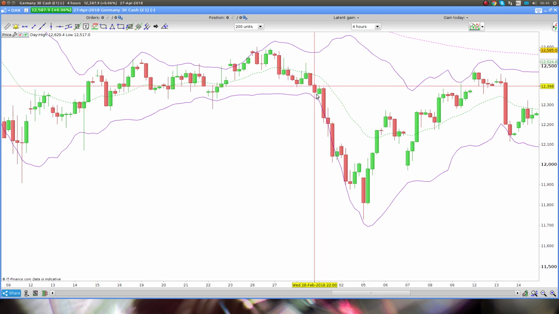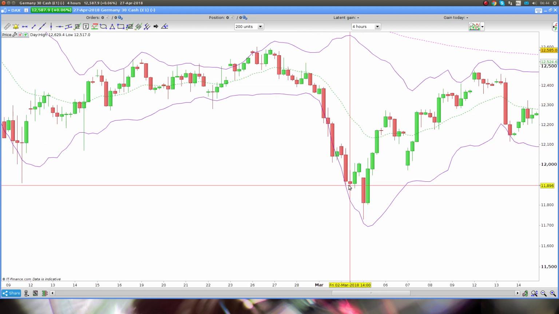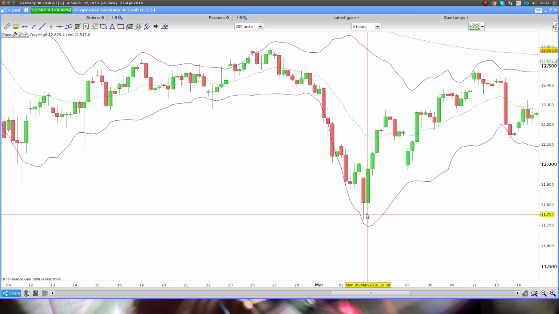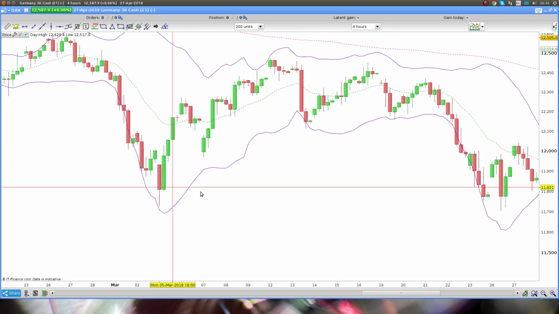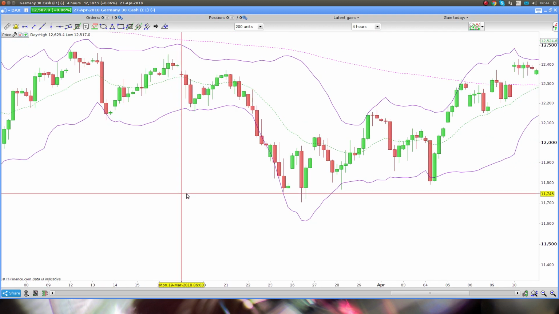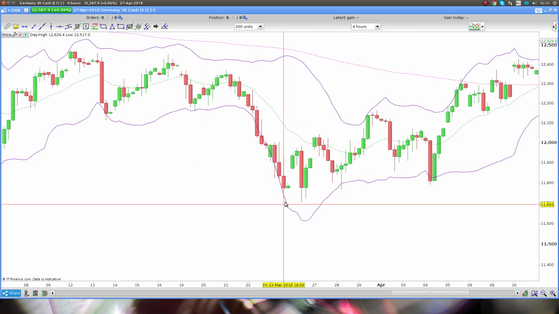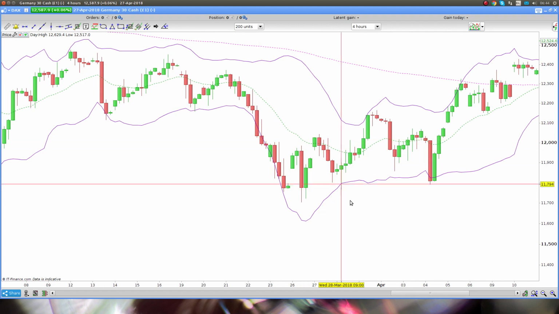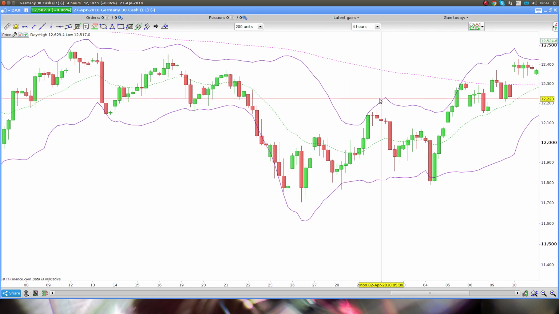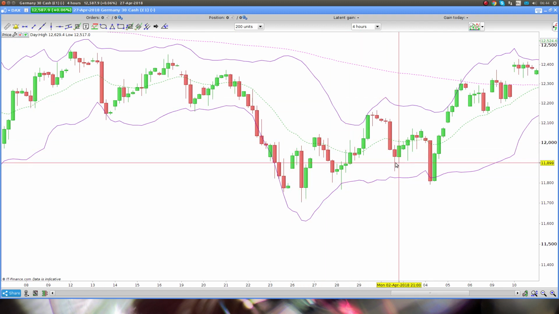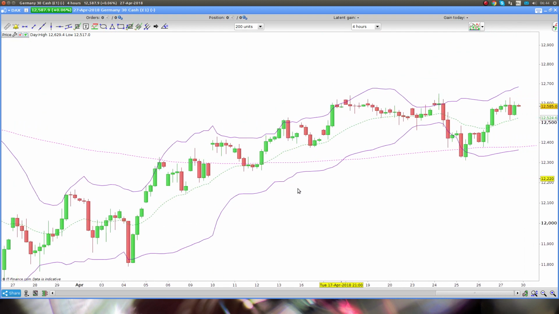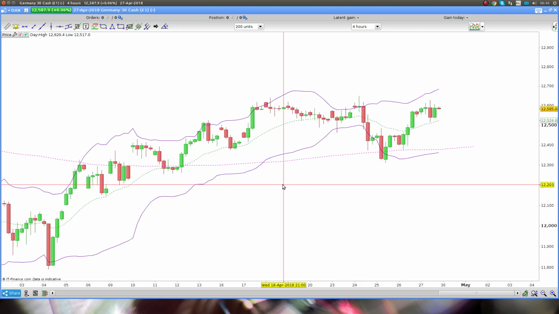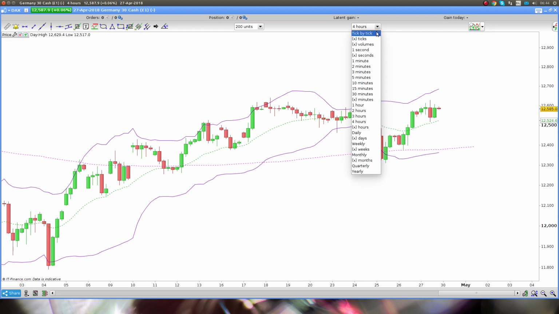Okay, and often it is 1, 2 pushes down, and a 3 push down is just an extra confirmation of what's happening with price. And as with any, you can see he has 1 push down, he has another push down, he has another push down, and then we break up. So that's kind of how I use Bollinger Bands.